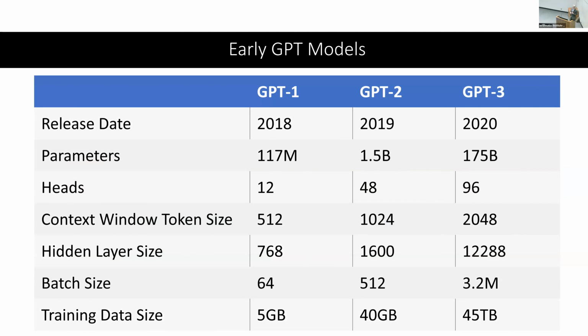So if you want to be able to reason over larger documents, you really want to have this context size as long as possible. So GPT-3 is better at that. And then again, the hidden layer size and batch size are all just getting larger and larger here. This is a huge number by comparison. And the more training data as well. So from 5 gigs to 40 to 45 terabytes.